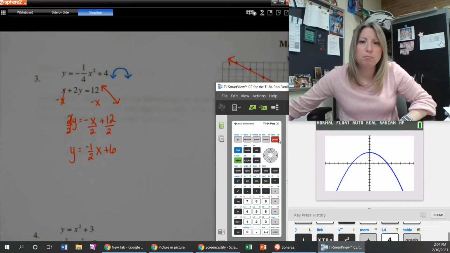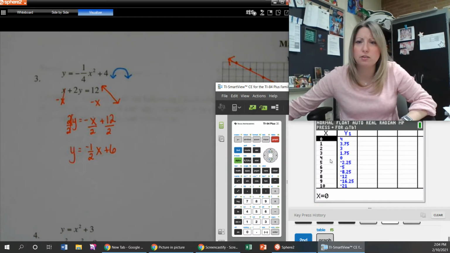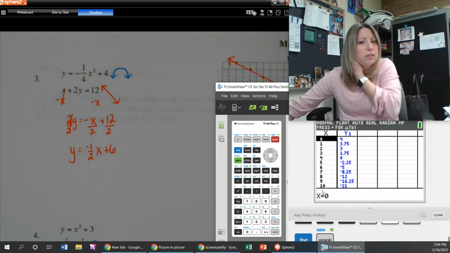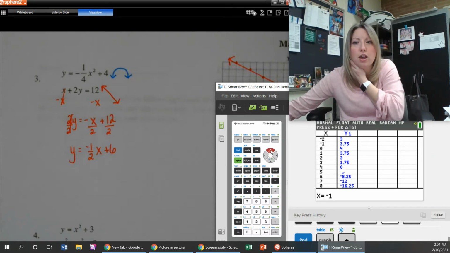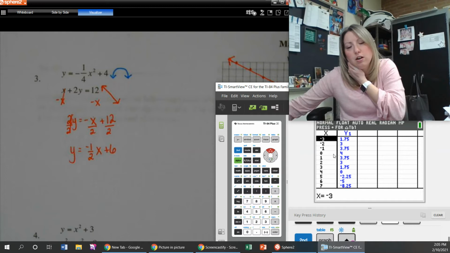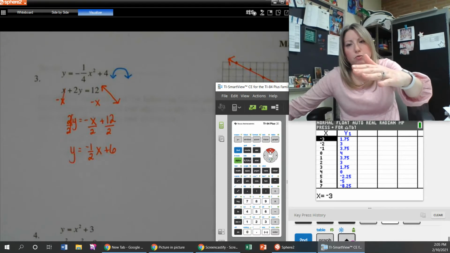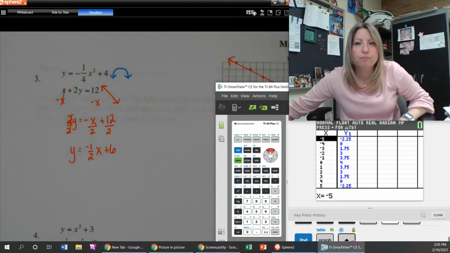And let's look at some points. I'm just going to graph the integer points. I know there are a lot of other kinds of points, but let's just graph those integers. It looks like our turning point is 0, 4, because we're coming up to that and then back down. Let's look at what we got on this side.